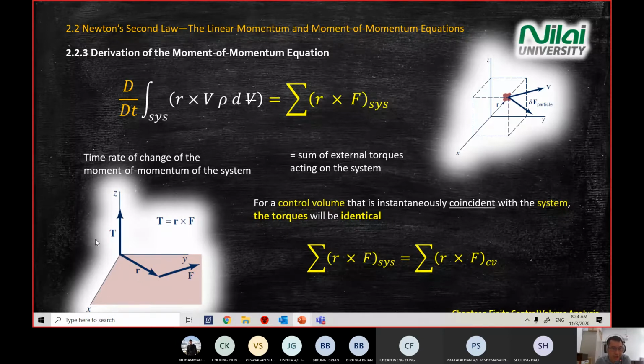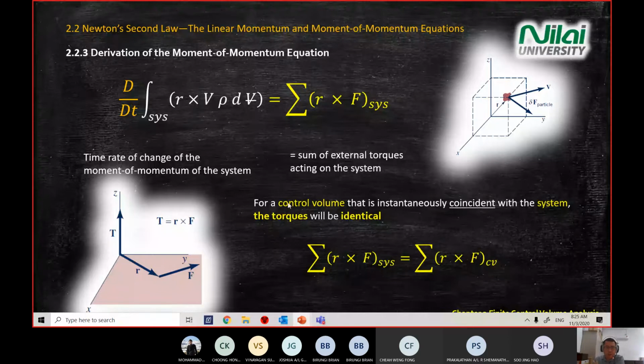You use your right hand and curl your fingers in the anti-clockwise direction. The direction of your thumb is the torque. So your thumb is pointing up if you are following this diagram. This is how we get our torque direction. Torque is moving up.